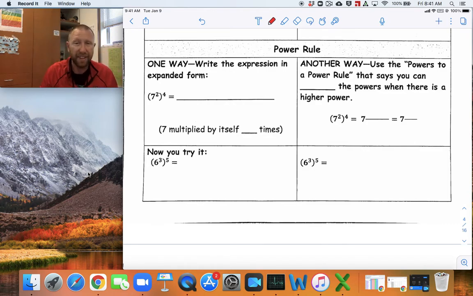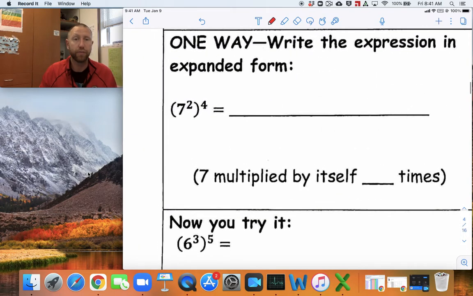So when it says 7 squared is raised to the power of 4, that means you're using 7 squared 4 times. So I'm going to write that out. 7 squared times 7 squared times 7 squared times 7 squared. So I use 7 squared 4 times, right?